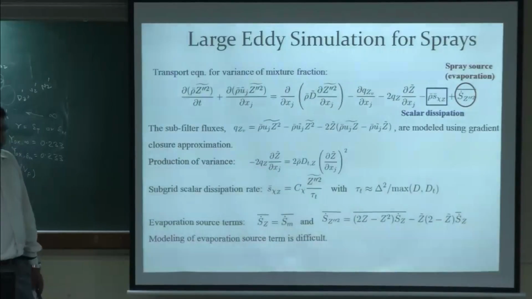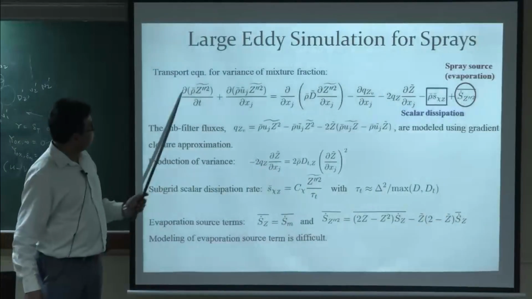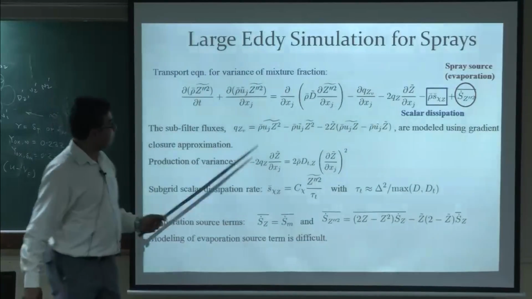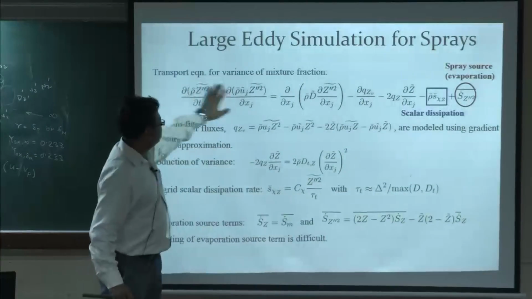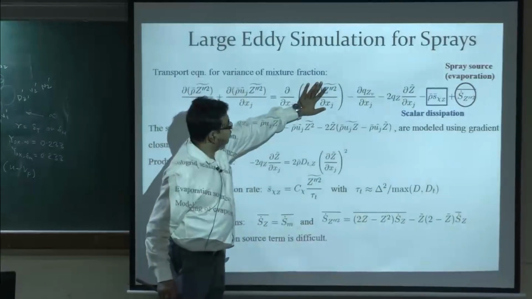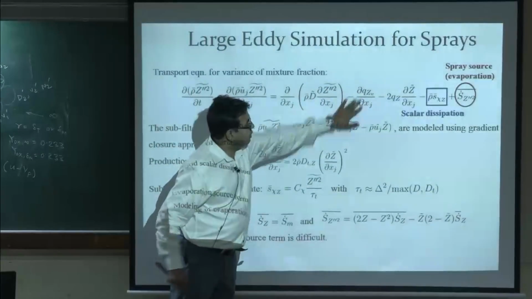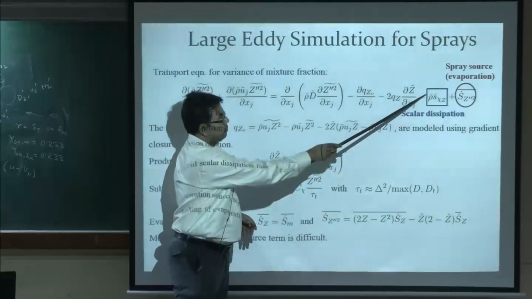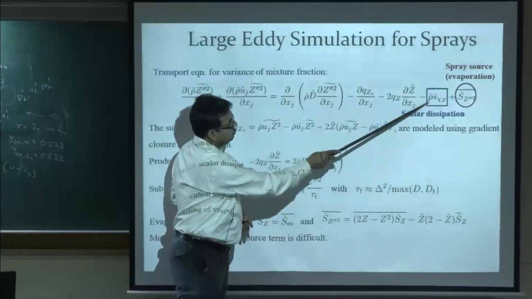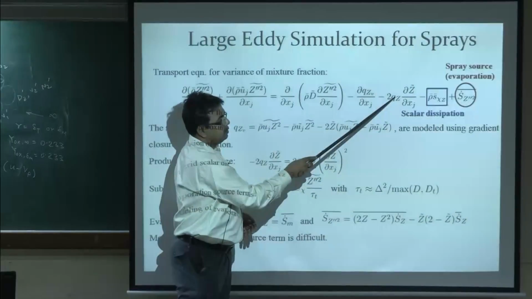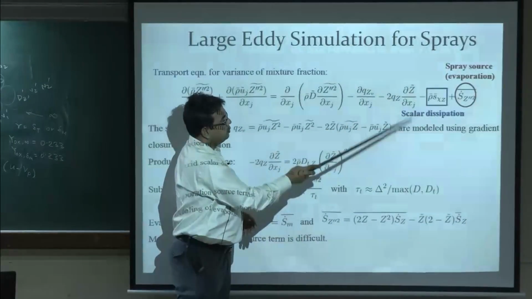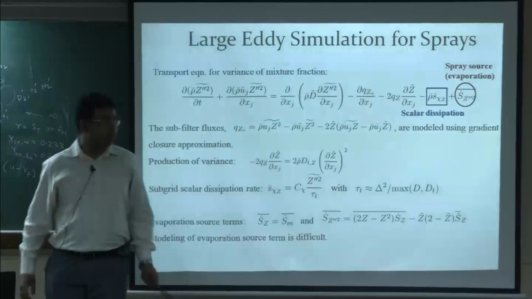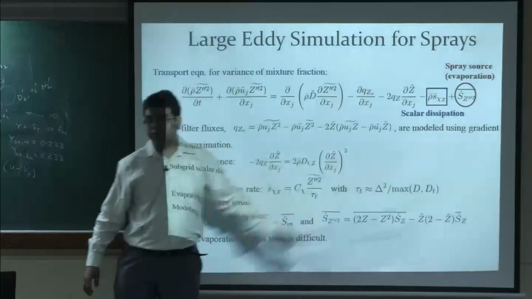But when you have spray, this is your exact transport equation of the variance, okay. The previous model which I have shown assumes this is 0, this is 0, this is also neglected, this is also neglected, and then this term is equal to this term. This is the dissipation term and this is the production term, okay. But now when there is evaporation, there is another extra term, which we cannot neglect at this moment.